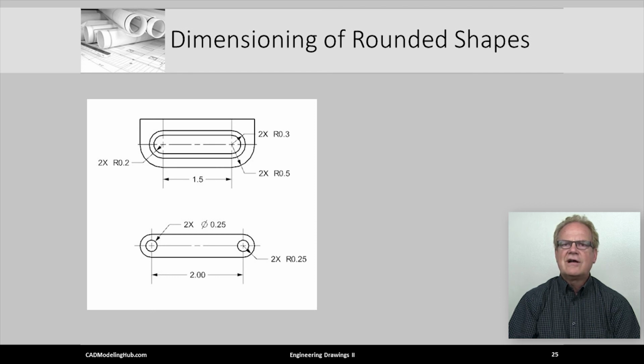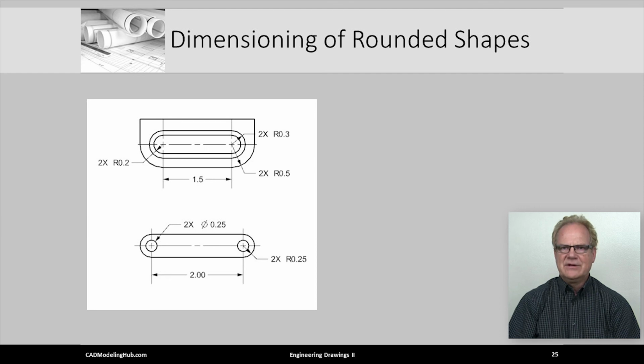The slot is located at the center of the 2 half-inch radii. The manufacturing people like this type of dimension because it tells them what size of cutter to choose, where to place the cutter, and how far to move the cutter to make the rounded slot.